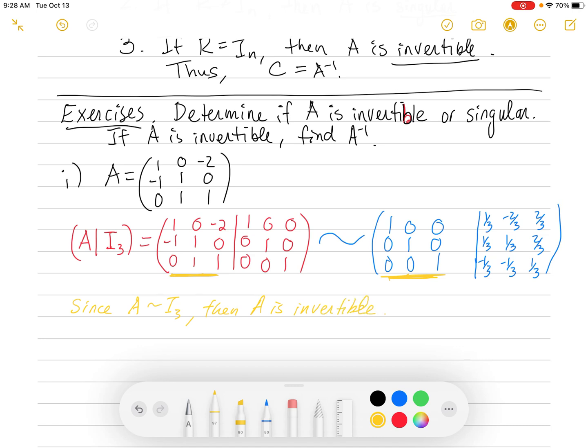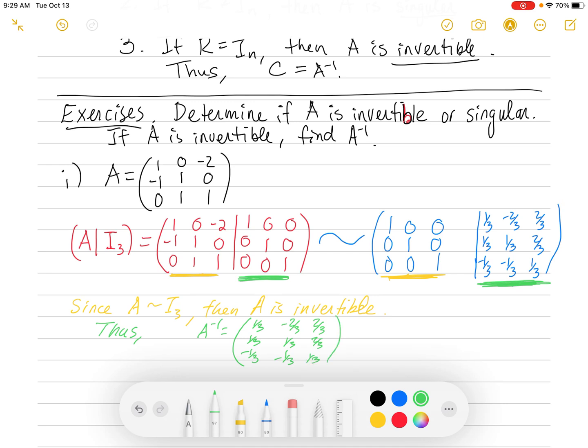That's the first part. So since it's invertible, then that means that the identity matrix right here will reduce to the inverse, which will be here. And so thus, A inverse is this guy over here. 1/3 1/3 negative 1/3 negative 2/3 1/3 negative 1/3 2/3 2/3 1/3.